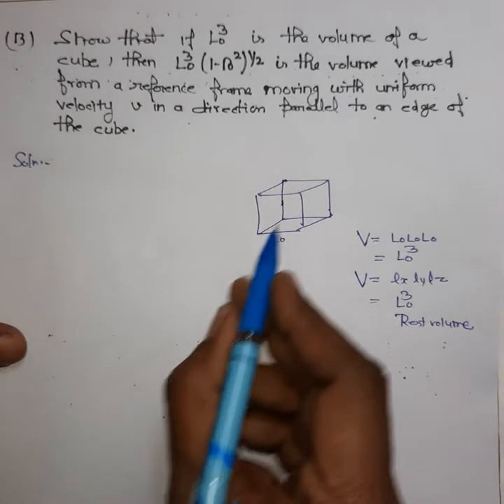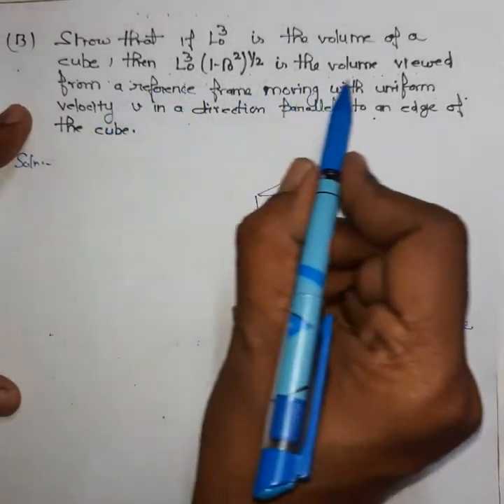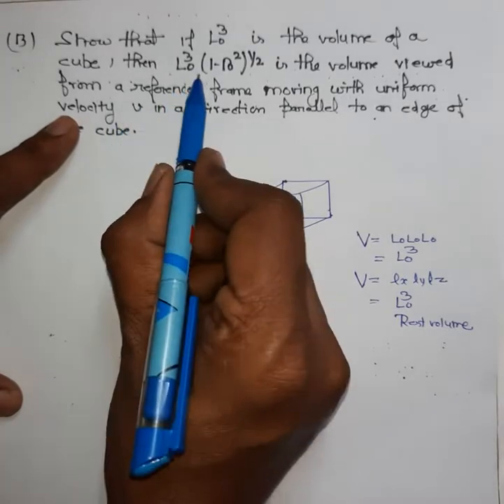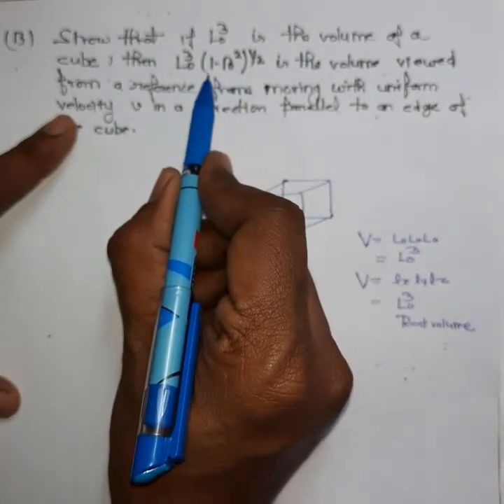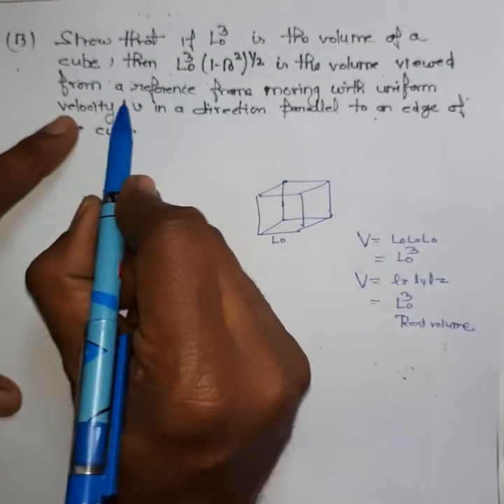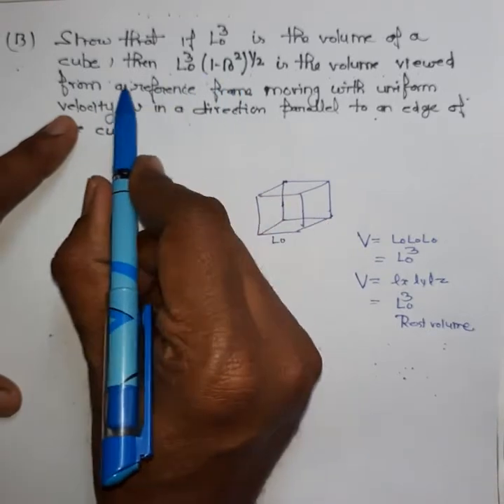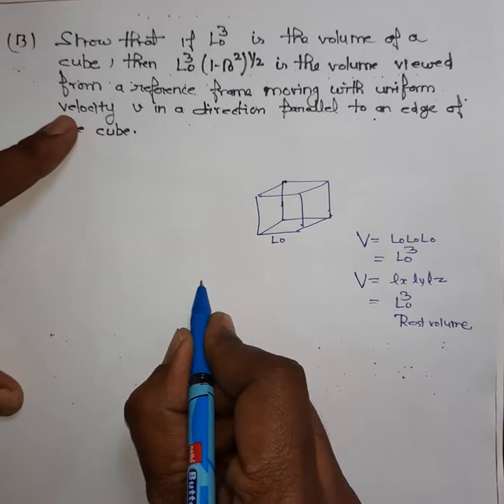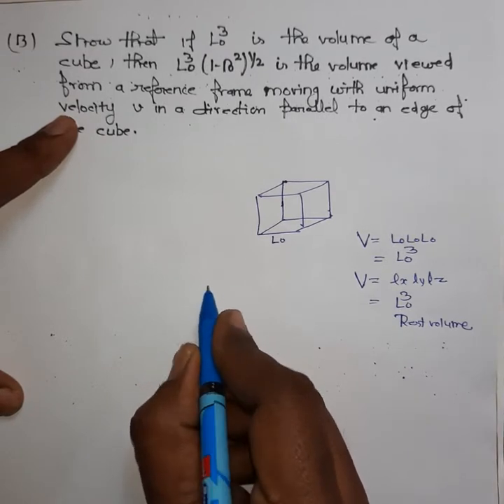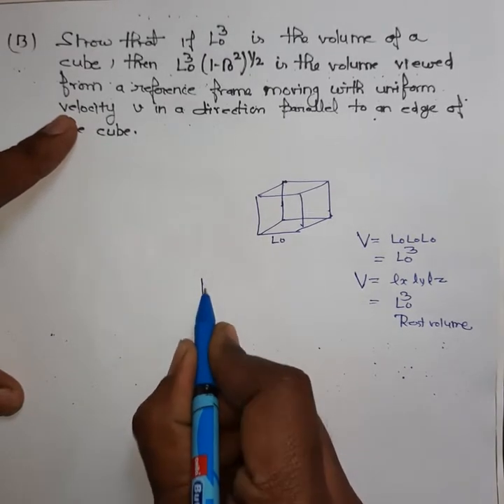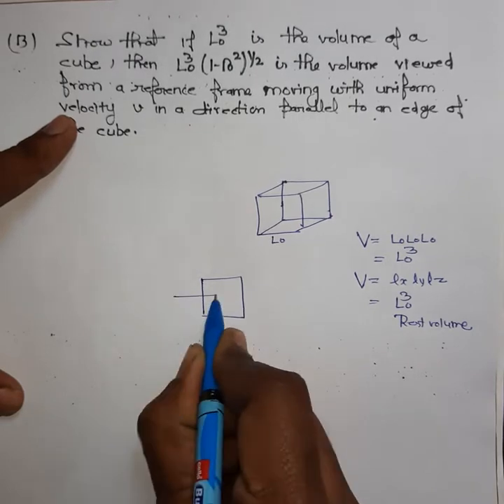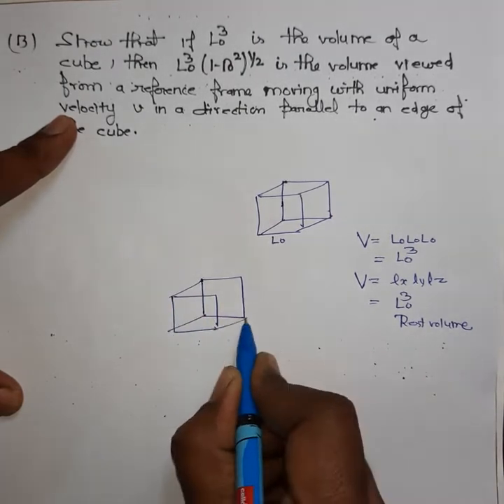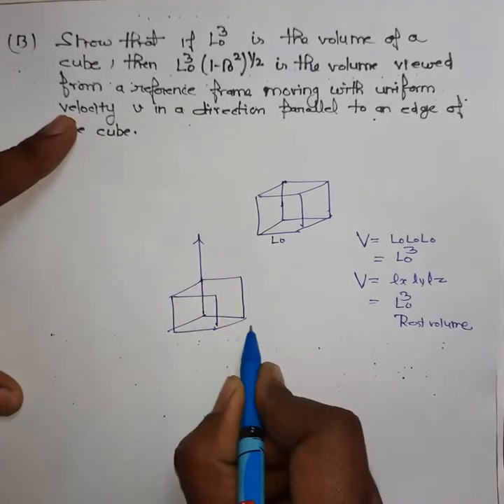Now suppose this cube, as in the question, it is given that this is the volume viewed. You have to show that this is the volume viewed from a frame of reference relative to which this cube is moving with velocity v. So let me draw it again. These are the axes.